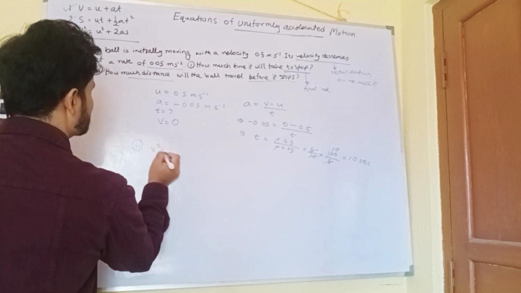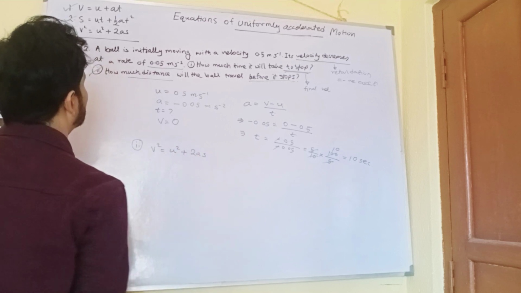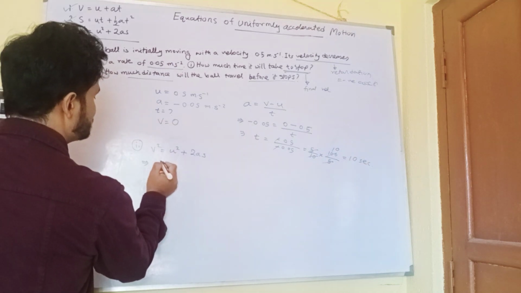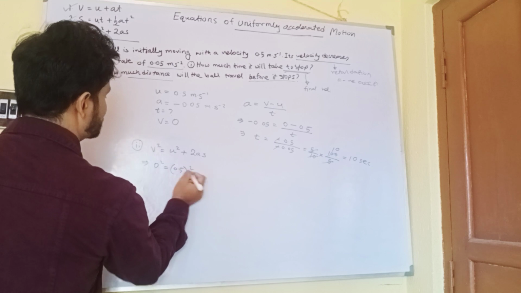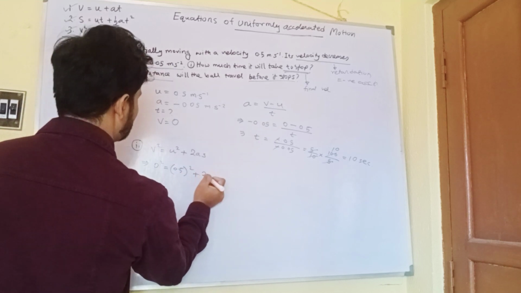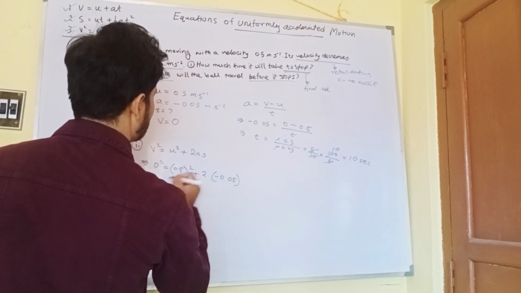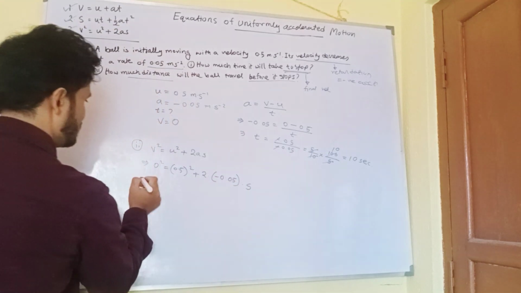So it is v square equal to u square plus 2as. What is the value of v? 0 square. u is 0.5 square plus 2, and the value of a is minus 0.05 into s. We have to calculate the value of s.